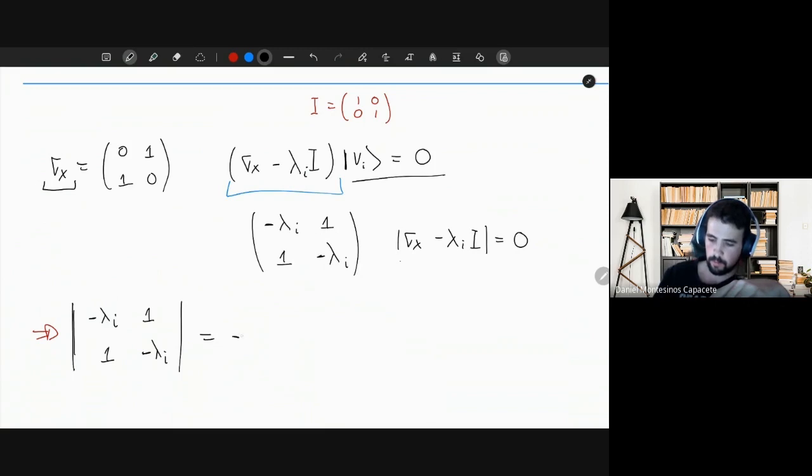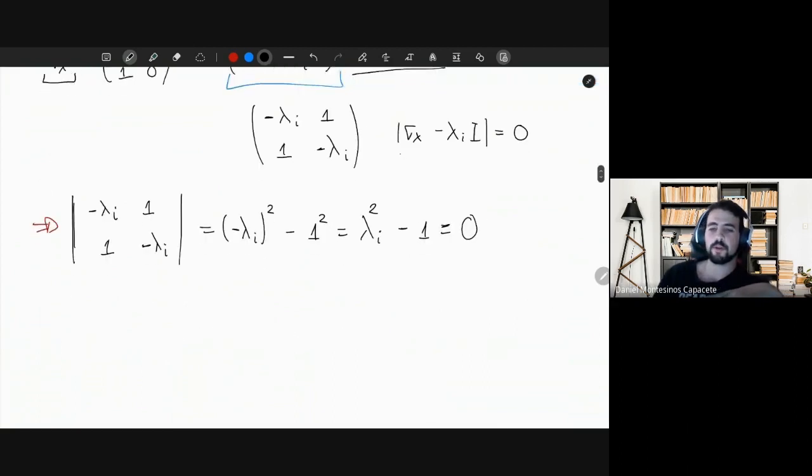This will just be this guy squared minus 1 squared, equals 0, right? So this is our equation. So now I believe that it is quite easy to see that the eigenvalues are just 1 or minus 1.